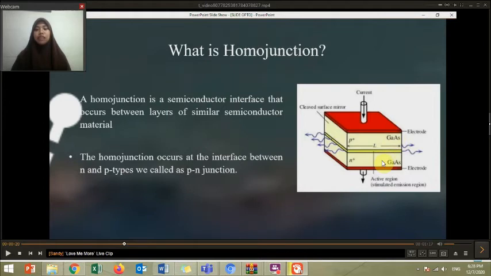The homojunction occurs at the interface between the N and P-type, and this region we call the PN junction. Besides the material being similar, the P-type and the N-type have an equal band gap. This is also what makes the homojunction occur. This is the definition of the homojunction.